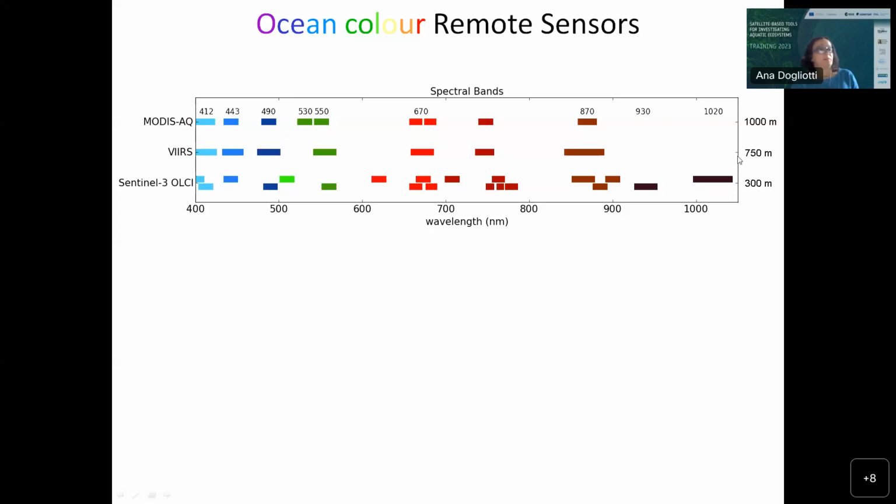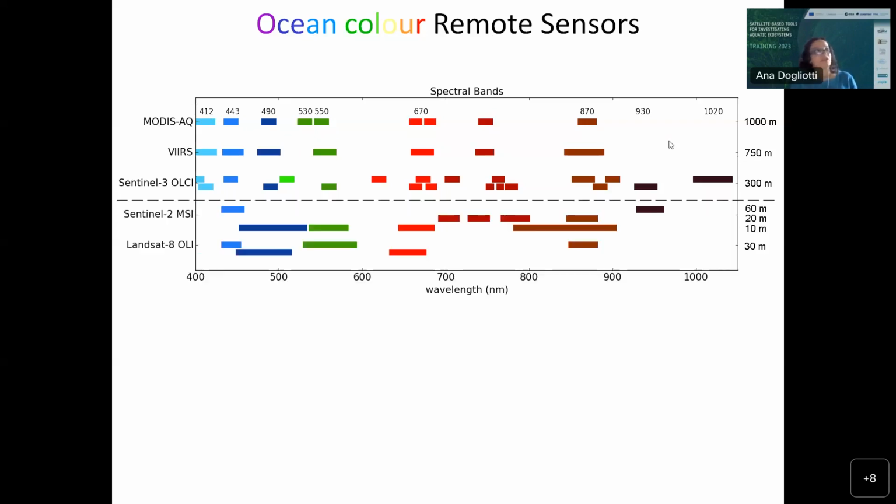But apart from the traditional ocean color remote sensors, we have also been using sensors that were actually defined for land applications. Since they also have these bands in the visible, and sensors have been changing, they are now thought to be useful for water systems too.